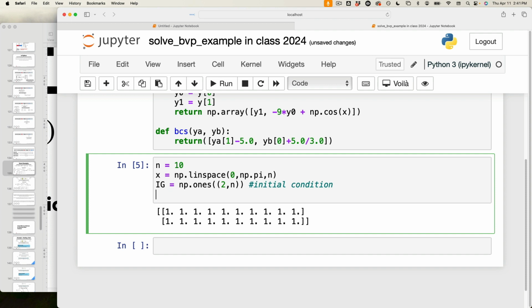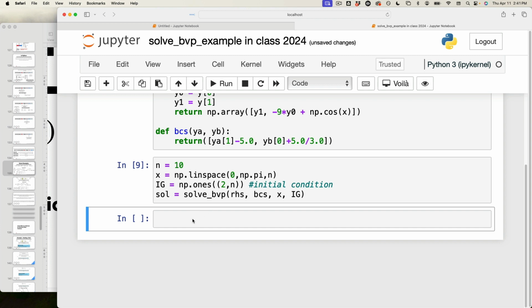Finally, we can call this solve_bvp, and we will give it the right-hand side, the boundary conditions, the x locations, and the initial guesses. And then we can plot it. plt.plot. We'll do sol.x or x, doesn't matter, and sol.y[0].